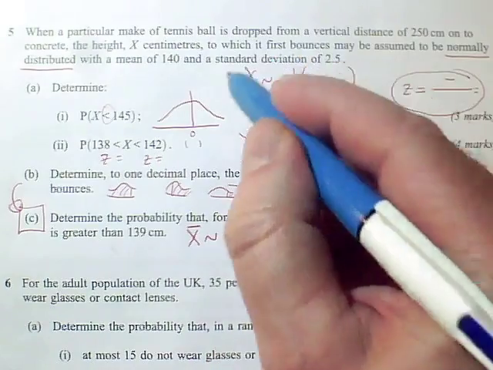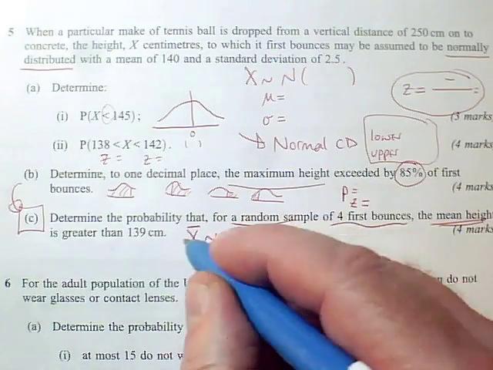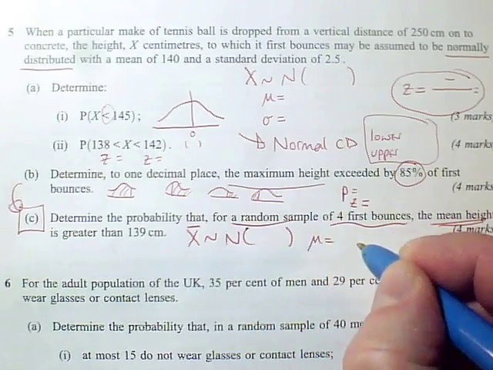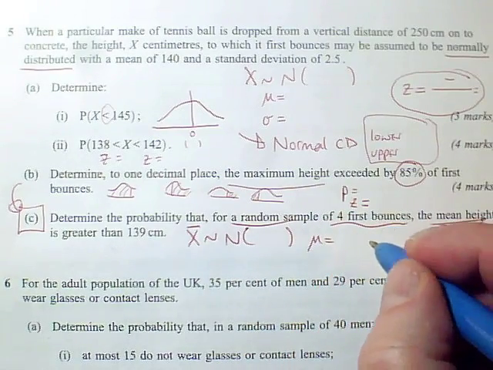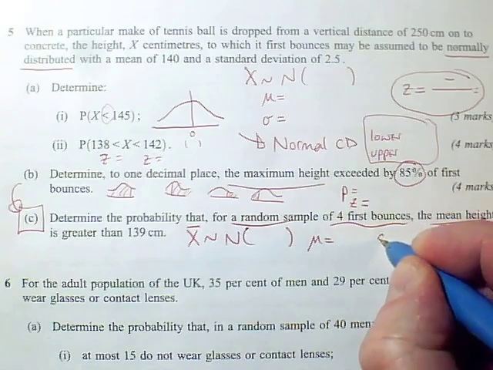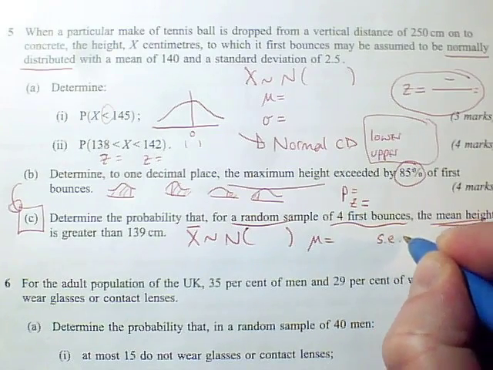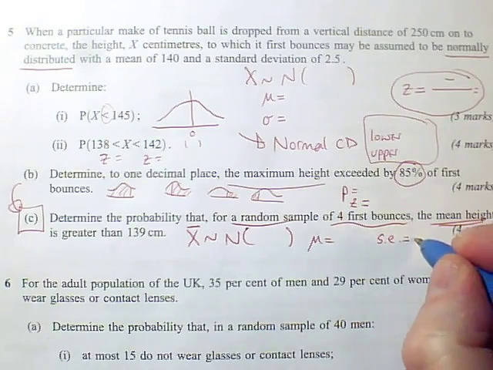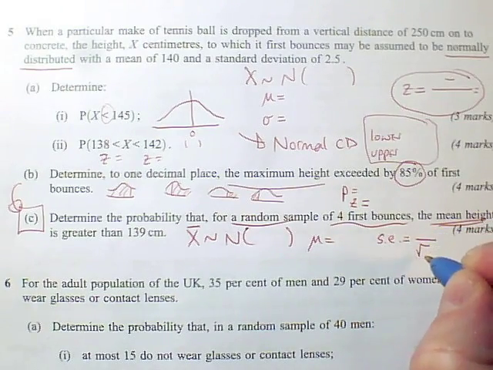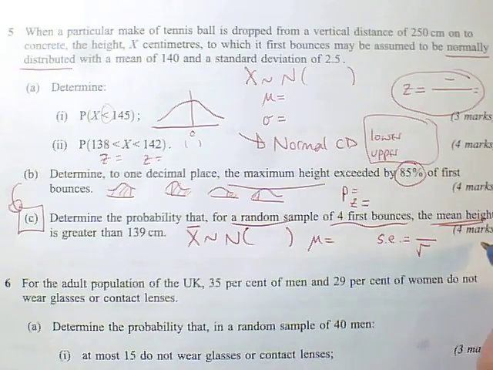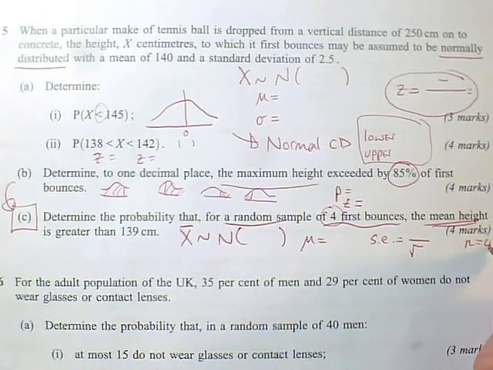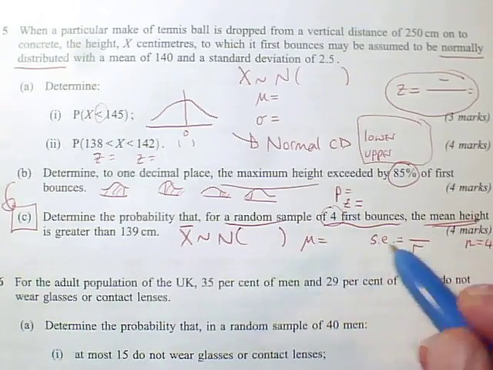So that, because the original distribution was normal, okay, the x bar will also have a normal distribution, and the mean will be the same, but now I'm not interested in sigma anymore, because we work with the standard error for a sample mean. So there's a formula for the standard error. It's something over the square root of something. Okay, we need a value for n. Okay, n is the number of things in our sample, so it's going to be this 4, so we're going to be using n equals 4, so that should allow you to work out the standard error.